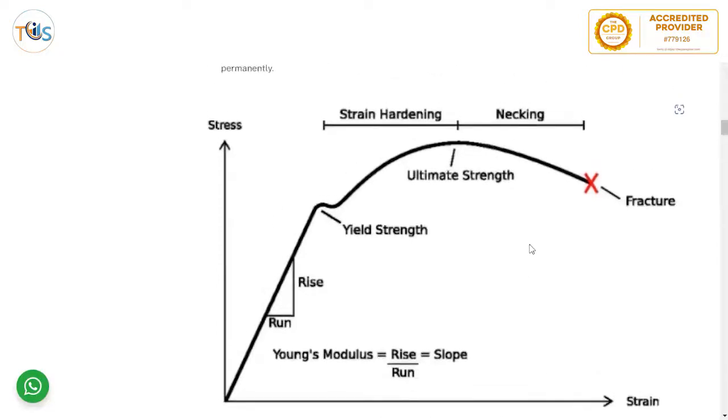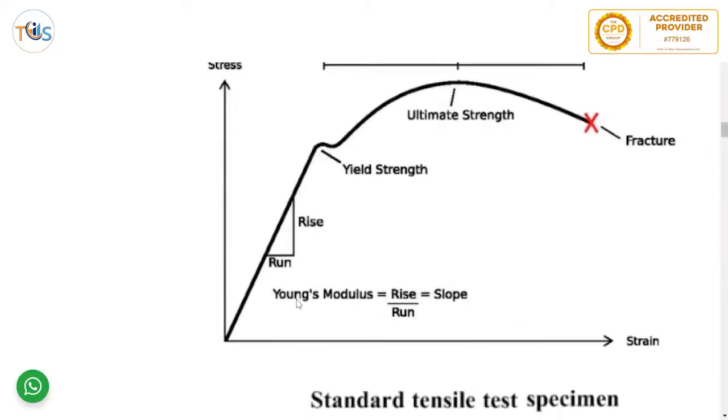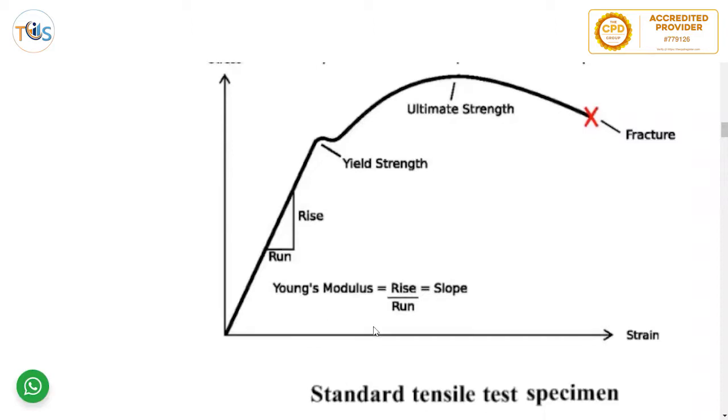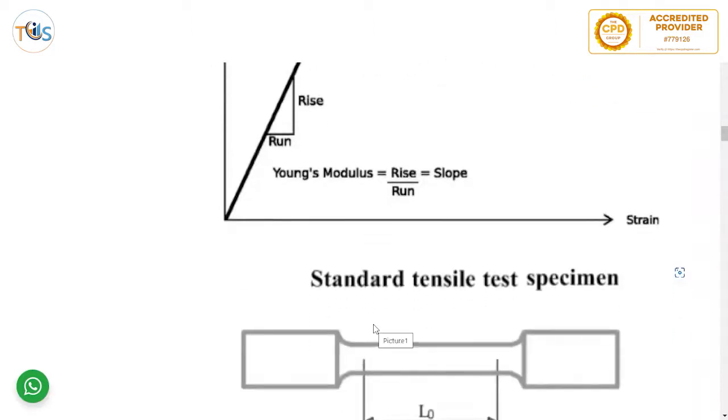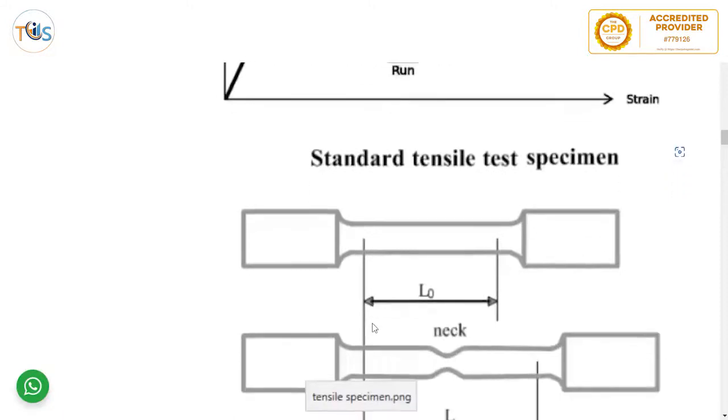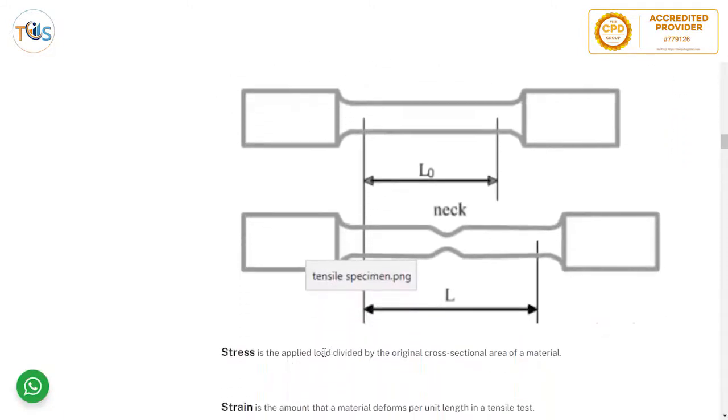The Young's modulus is actually the tangent of this curve. So stress divided by strain, and normally this is a standard tensile test specimen where the ends are gripped by the machine, and they keep pulling it apart until here the necking occurs, a point.